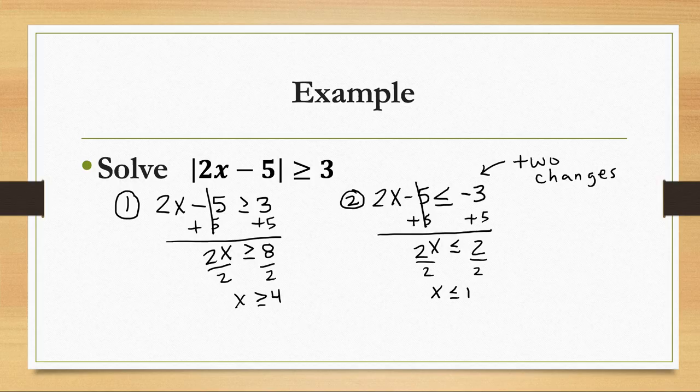Now remember that we want to write our final answer in interval notation and also display it on a number line. So on the number line, we're going to put the 1 and also the 4.